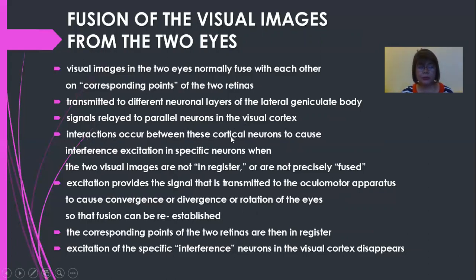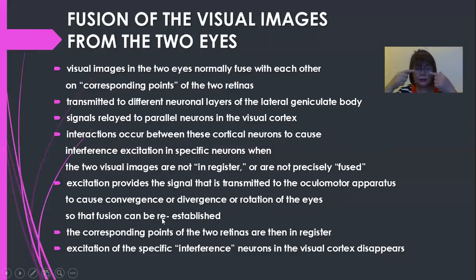Interactions occur between these cortical neurons to cause interference excitation in specific neurons when the two visual images are not in register or not precisely fused. Excitation provides a signal that is transmitted to the oculomotor apparatus to cause convergence or divergence or rotation of the eye so that fusion can be reestablished.